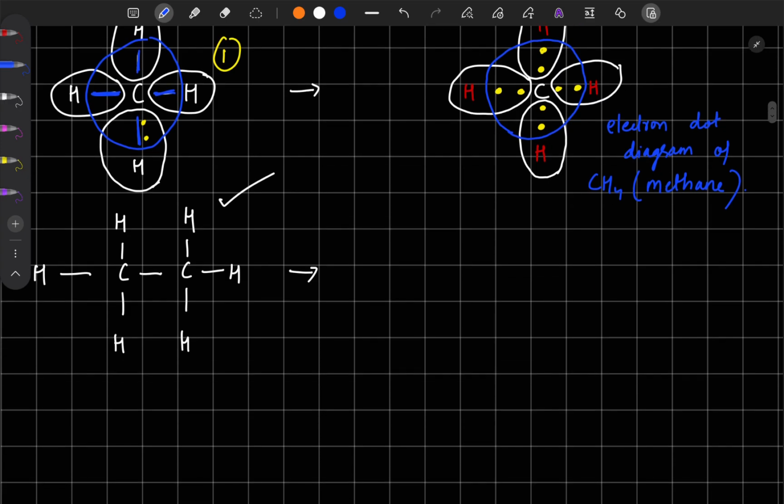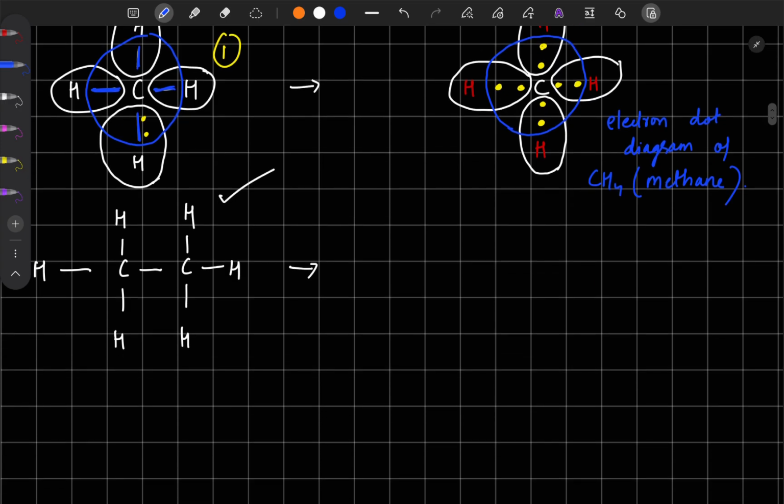Now we can draw the other one. Do you remember the name of this compound? It is ethane. Pause this video and try it yourself. We can easily do it. Just redraw the diagram like this. There is one carbon, and each carbon is sharing electrons.